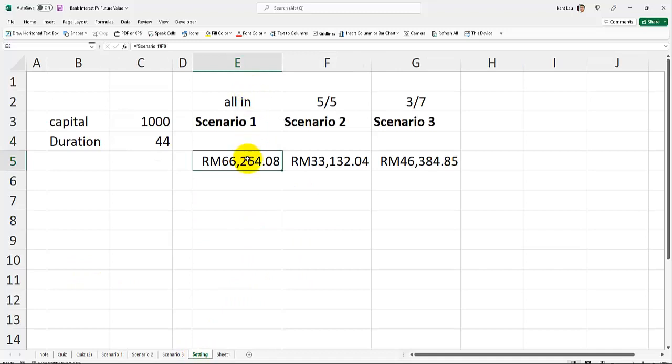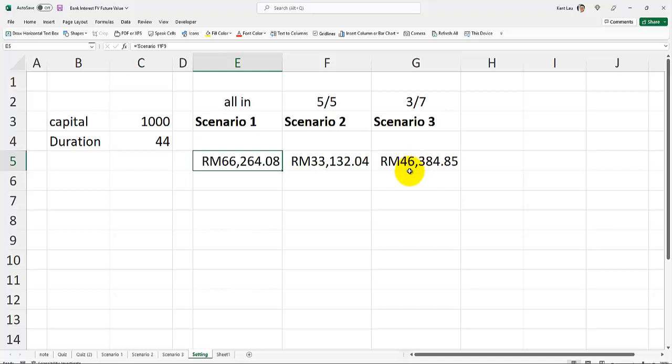But that could be not realistic, right? So you take half of it and put it into this, and you get 32,000. If you don't put half but put 70% of the 1,000, then you get 46,000.